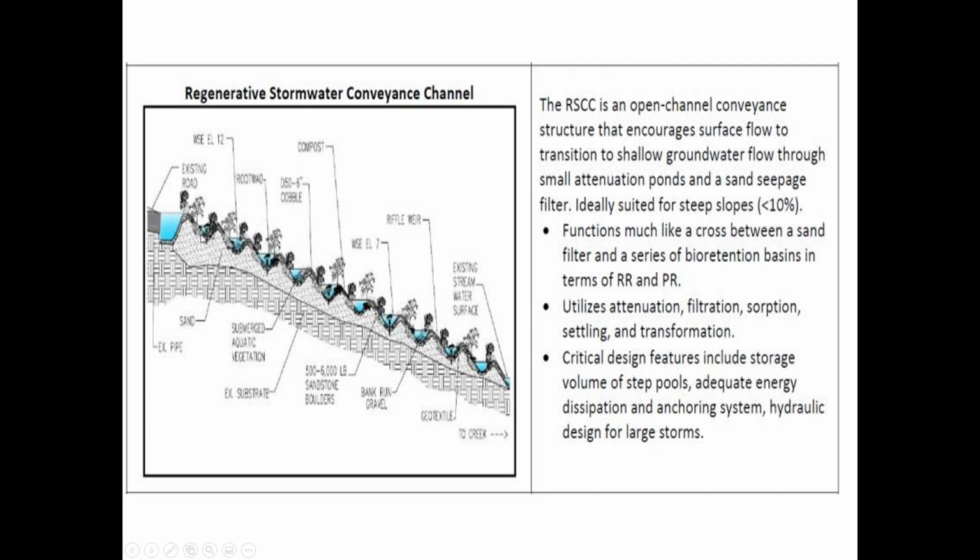then this pool has to fill up before the water overflows to the next pool, which has to fill up, then it overflows to the next pool. So this is kind of like a terrace, a series of interconnected ponds that are built along a terrace rather than just allowing the water to flow freely down the surface, which would be very fast.